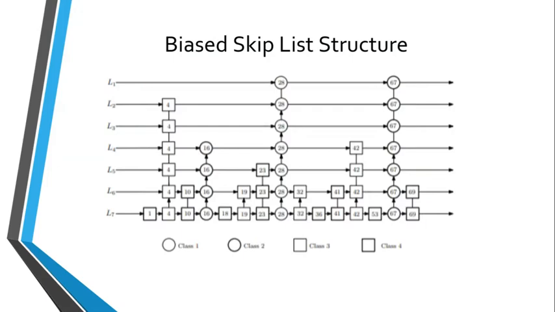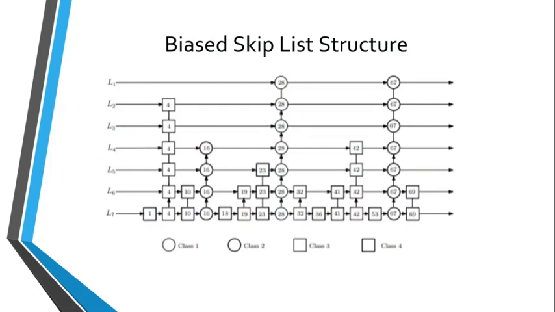So in the lowest level, we will have all the nodes that belong to all these classes, and then in level 6, we will have nodes which necessarily belong to class 1, 2, and 3, and it can have nodes which belong to class 4. And then in level 5, we necessarily have nodes which belong to class 1 and 2, but it can also have nodes from other classes, but we just have to maintain this order of classes.